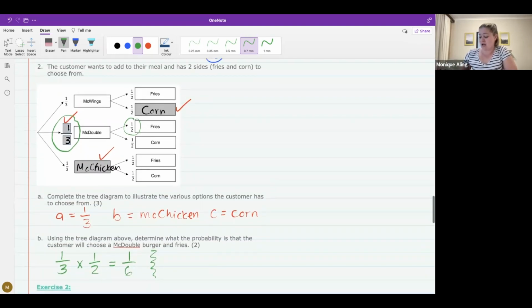Or if you just stick to your normal way, if we had total outcomes here, 1, 2, 3, 4, 5, 6. Oh, I see they haven't actually given us the outcomes necessarily.